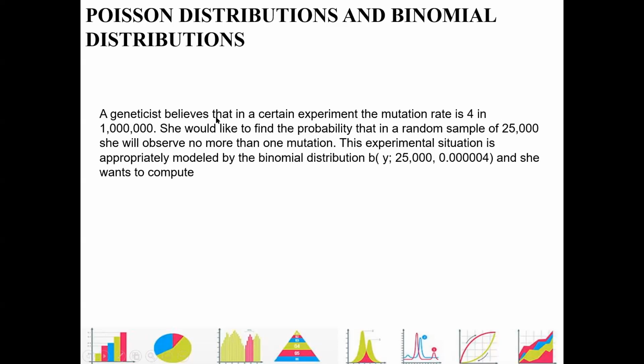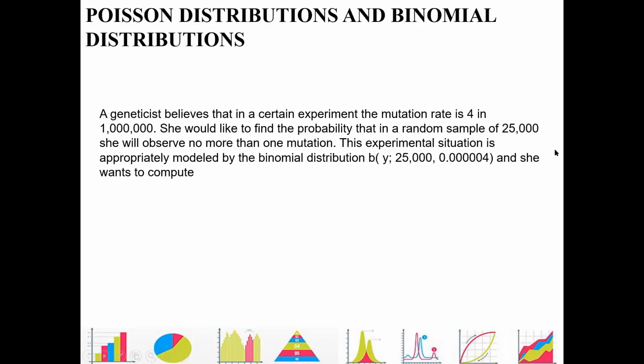So, for example, paano natin ito i-apply sa ating problem? So, a geneticist believes that in a certain experiment, the mutation rate is 4 in 1,000. She would like to find the probability that in a random sample of 25,000, she will observe no more than one mutation.